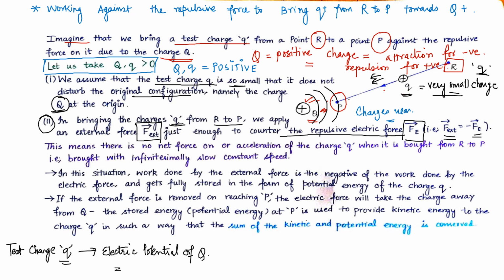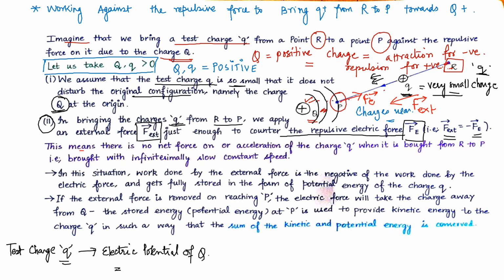How is it different? This particular charge is applying force of electric field in this direction, and we are bringing the charge from here. So the external force we are providing is in the R to P direction. Okay, from R to P direction.